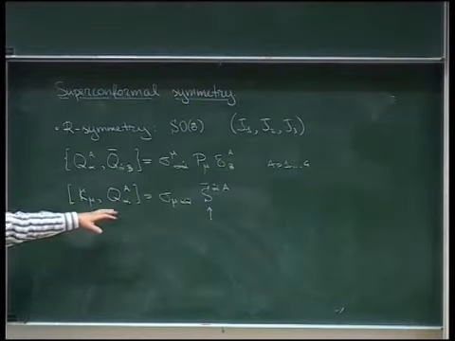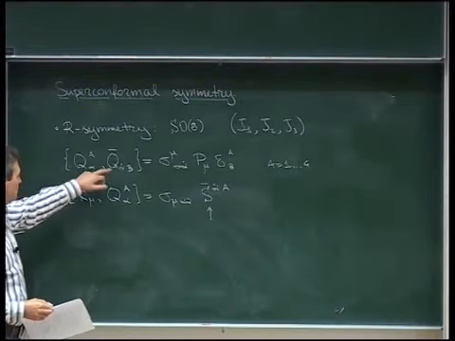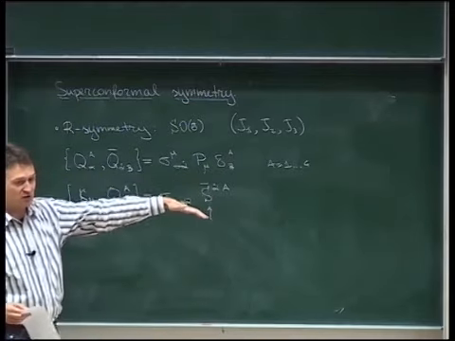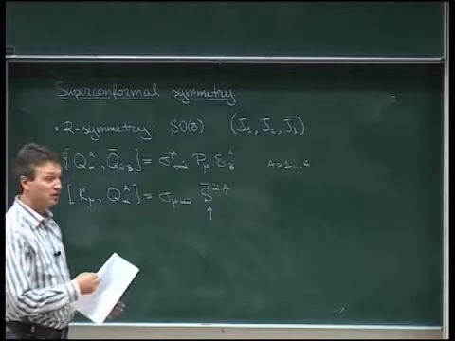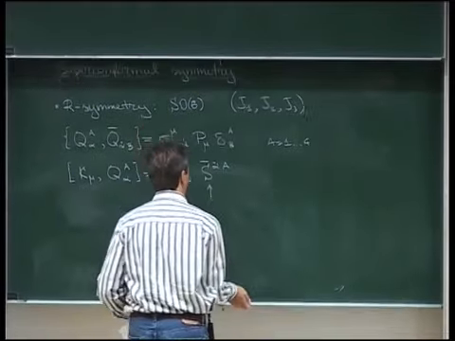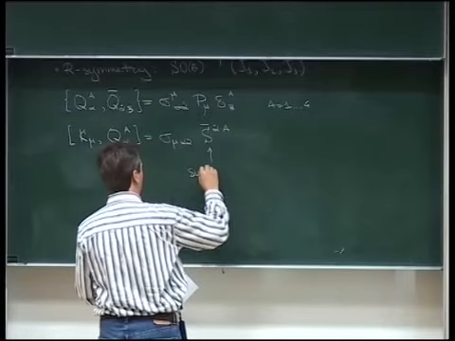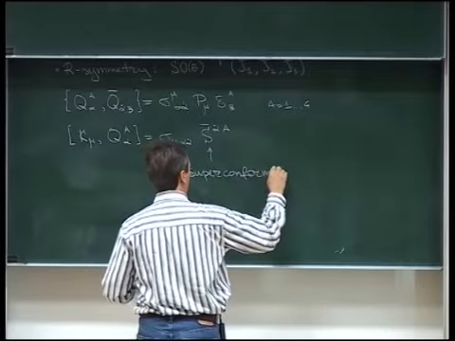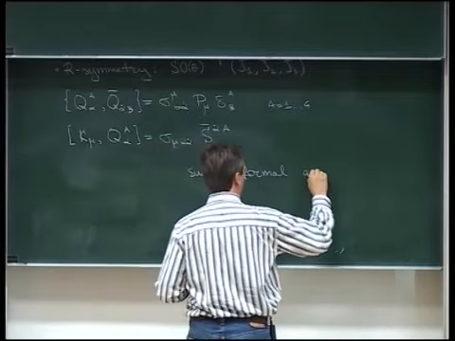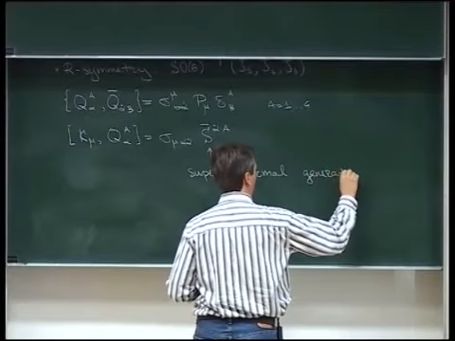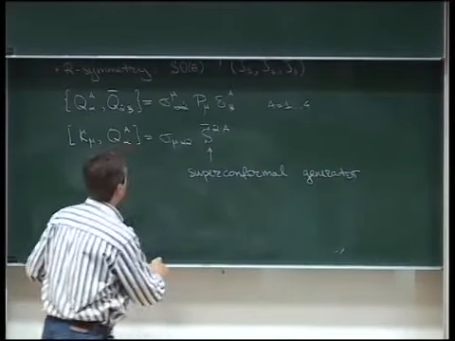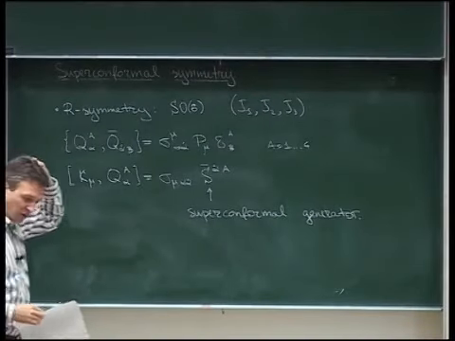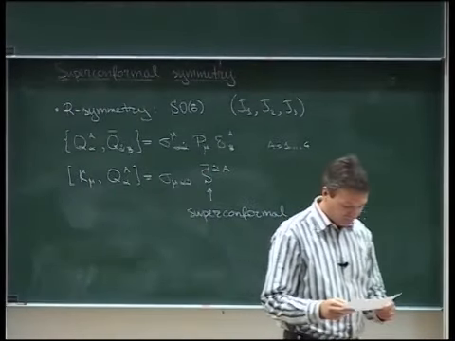One can show that the algebra that contains supercharges, superconformal charges, and conformal generator is closed. These two equations are enough to calculate all the commutation relations.